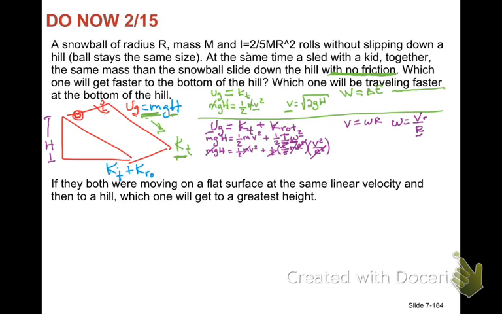Once I cancel everything that I can cancel, I can rewrite my equation. So I end up with something like this: gravity times height equals 1/2 of the velocity squared plus 1/5 of the velocity squared.